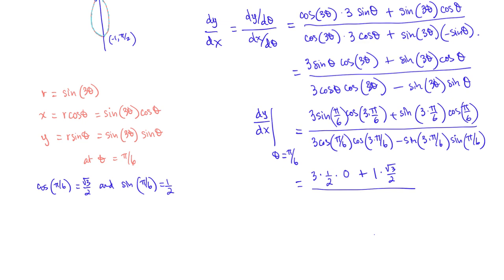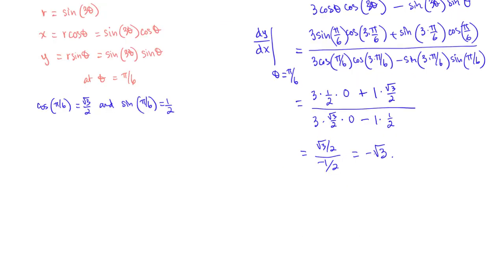The denominator is 3 times cosine of pi over 6, which is root 3 over 2, times cosine of pi over 2, which is 0, minus sine of pi over 2, which is 1, times sine of pi over 6, which is 1/2. Thus, the slope is root 3 over 2 over negative 1/2, or simply minus root 3.